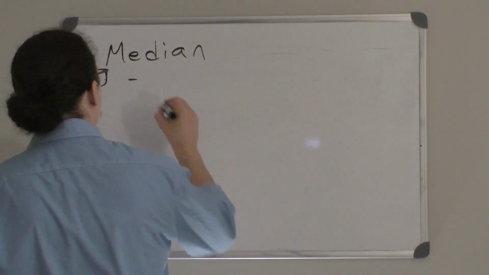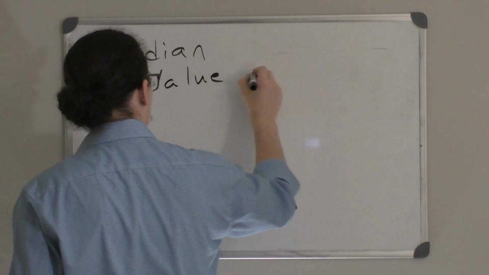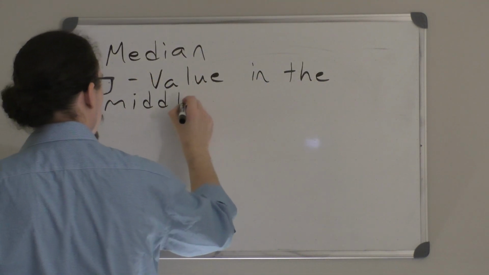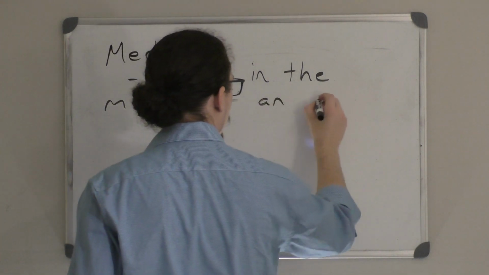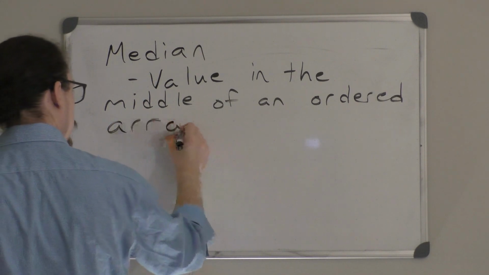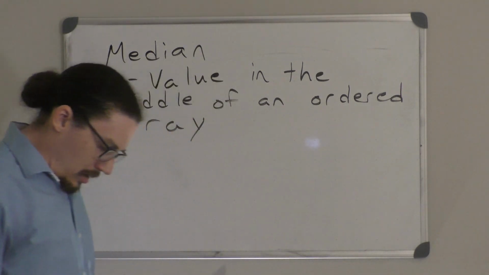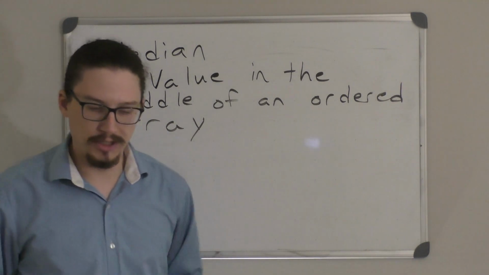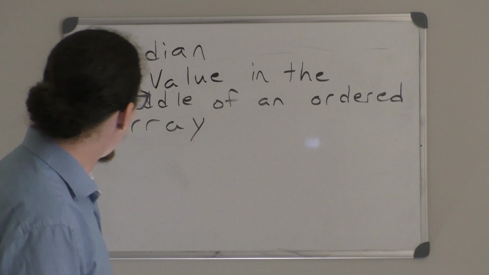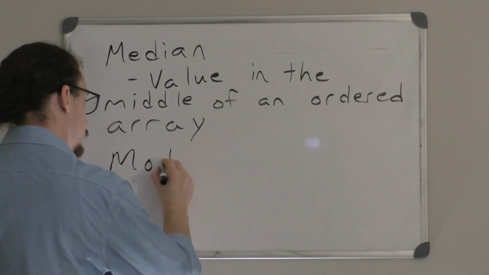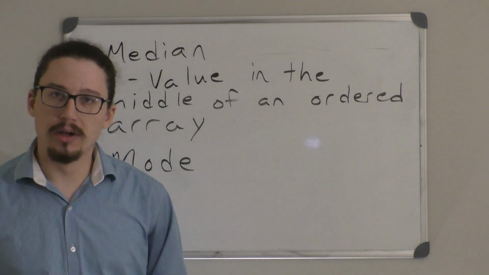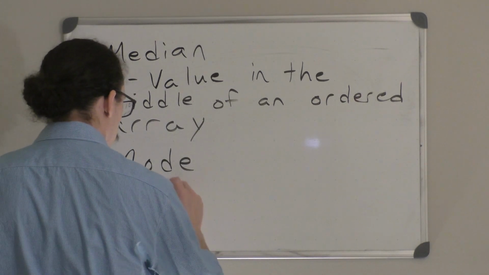Our median is simply the data value in the middle of an ordered array, or an ordered data set. Ordered array just means our data is in order, from highest to lowest or what have you.